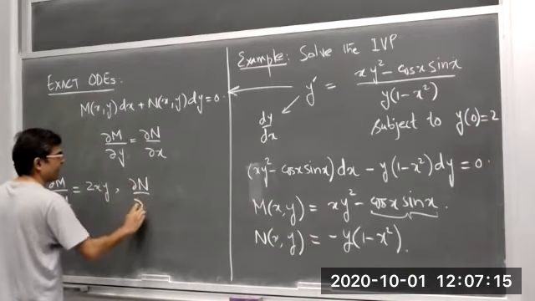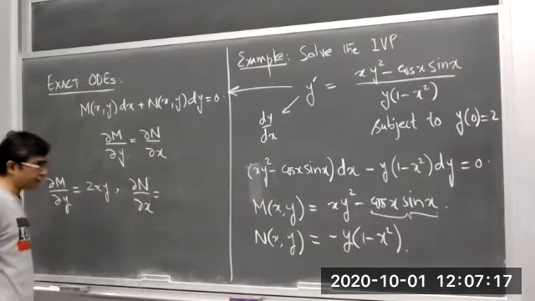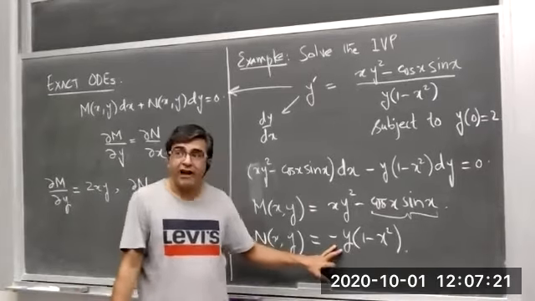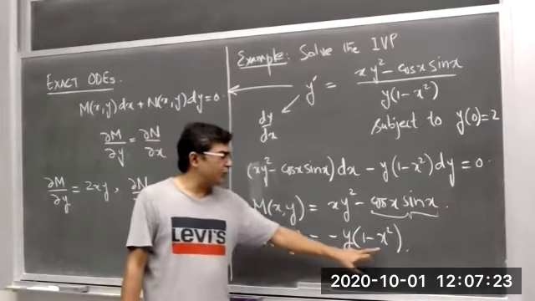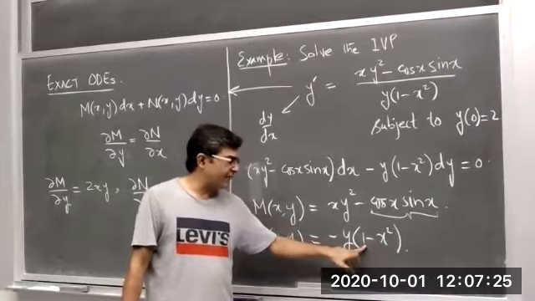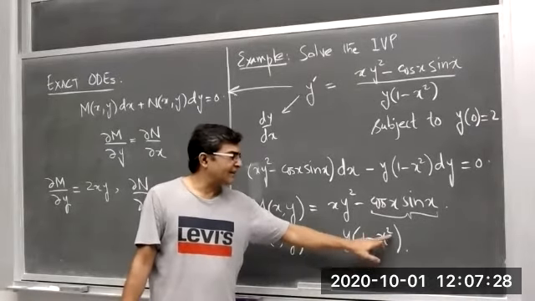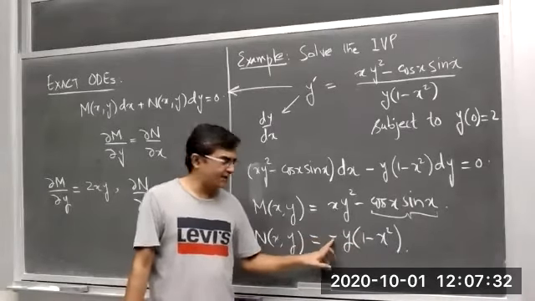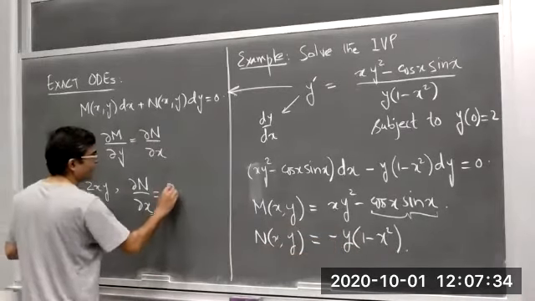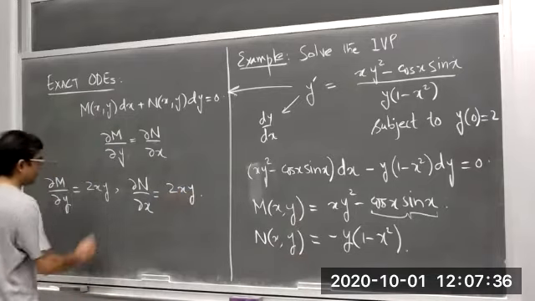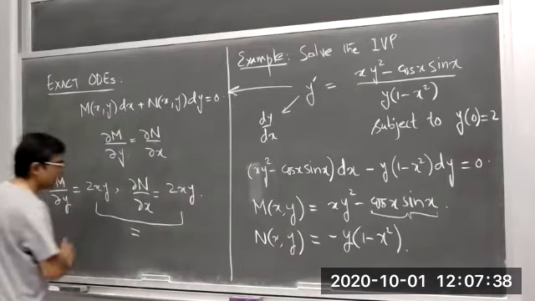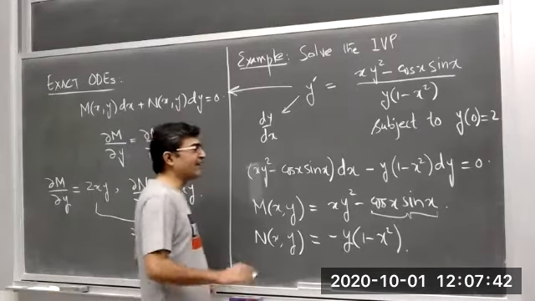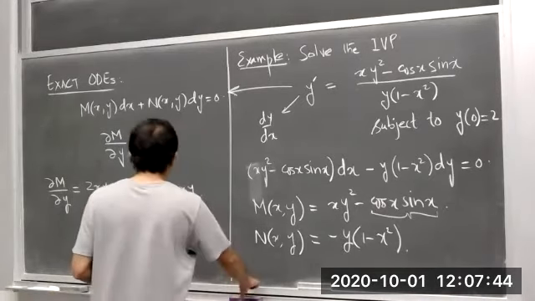Similarly, for partial N over partial x, we have N = -y(1 - x^2), where y is treated as constant, so we take only the derivative with respect to x. The derivative of 1 is 0, and the derivative of x^2 is 2x, so minus 2x into minus y gives again 2xy. These two are equal, so the given differential equation is exact.